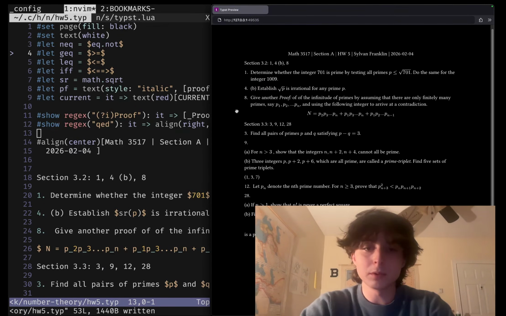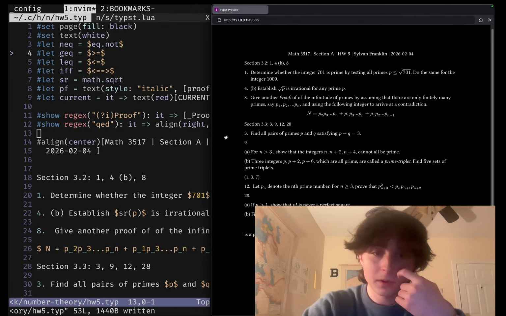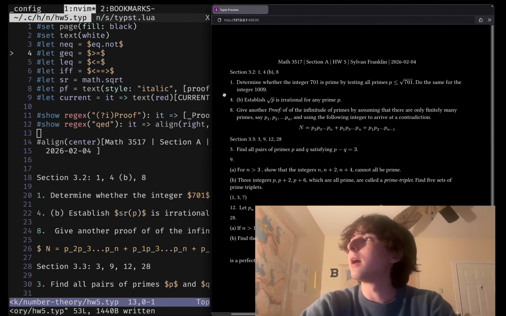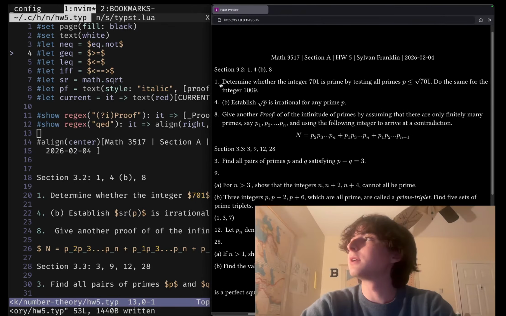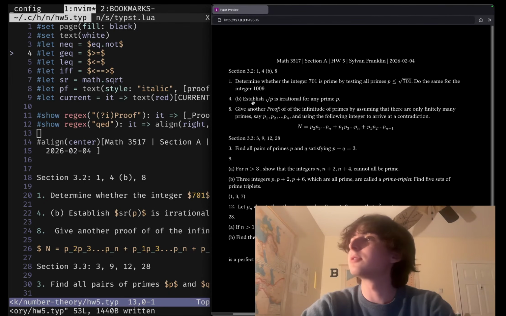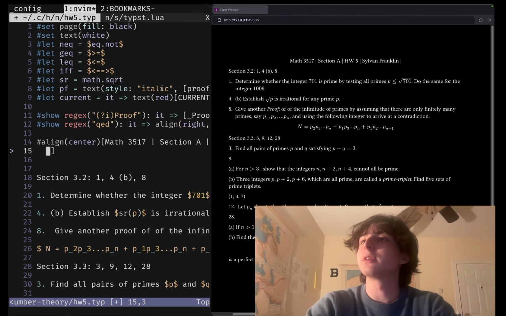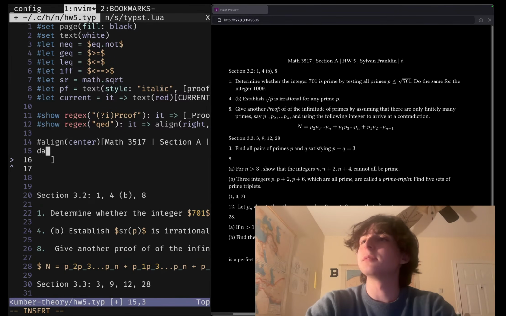This homework from first glance looks kind of annoying. I haven't really read the book section yet, and there's probably a couple things I don't know how to do, so I'll have to look at that. But there's a couple of manual calculation things, or at least seem to be manual.